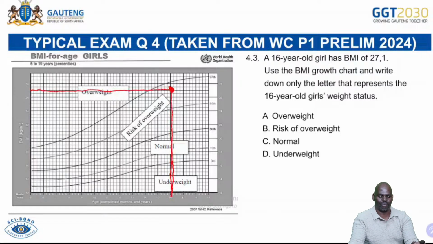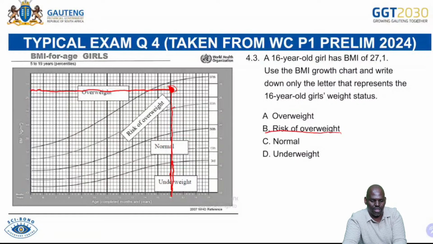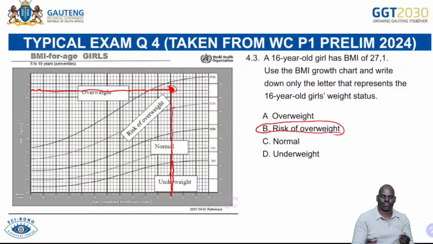That is where I find the weight status. 16 years, BMI is 27.1. So 27.1 I estimate. If you look at this, it means risk of overweight. Okay, the moment it's above this, it's risk of overweight. So the girl is now at risk of being overweight. So risk of overweight will be the answer.